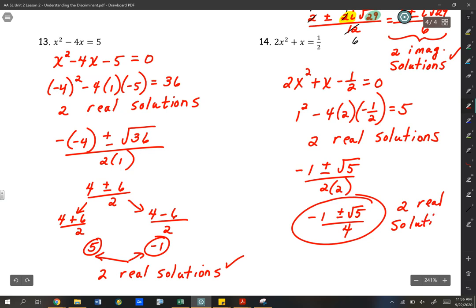And we did indeed get two real solutions when we use the quadratic formula for number 14.